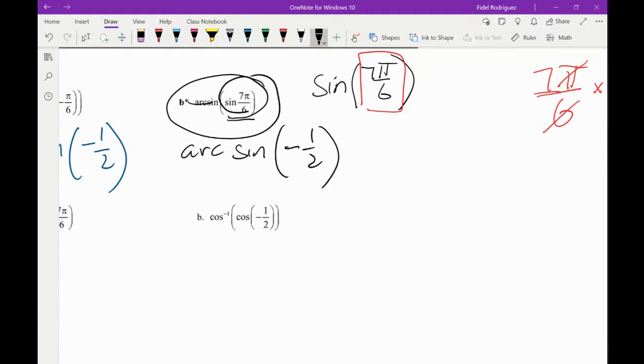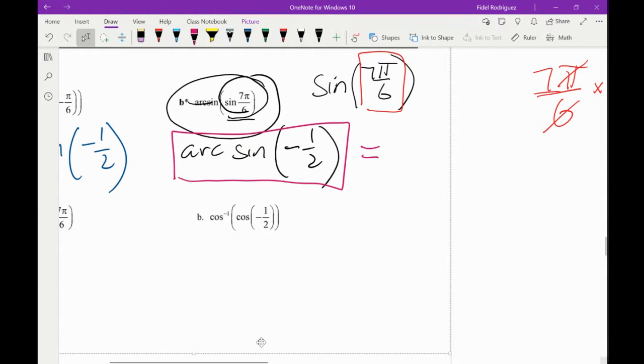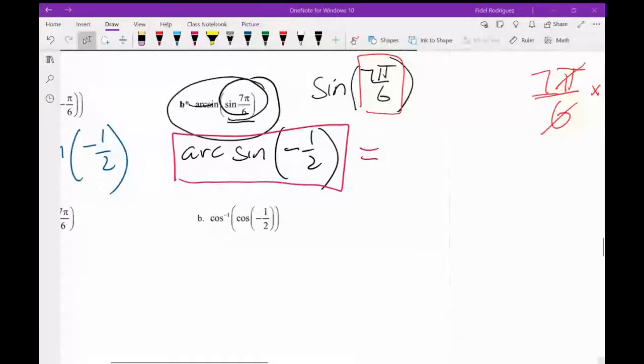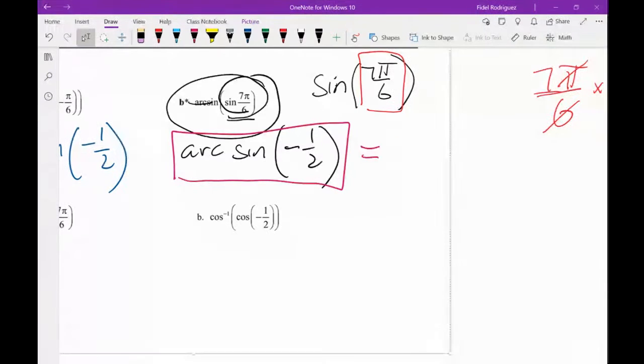And now what I can do is I can say, well, look, now that we know that the sine of 7π/6 is negative 1/2, can I use that to find the arc sine of negative 1/2? And if I come back to, here we go, negative 1/2, look right here, guys, negative 1/2 right here in the middle. What's the angle? Negative pi over 6, right?